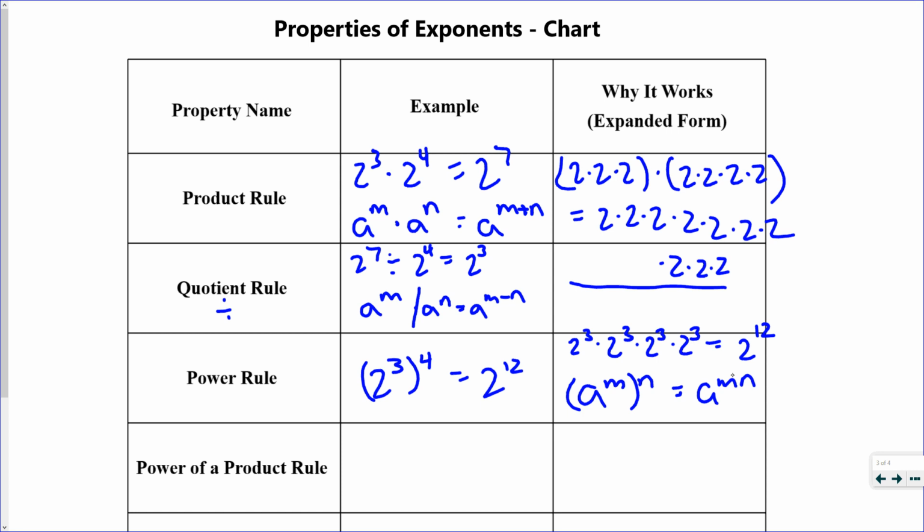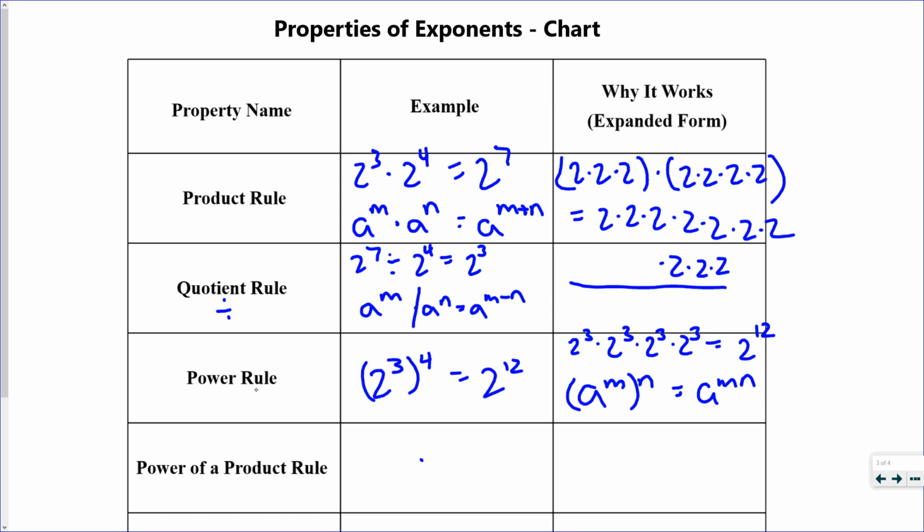Why is it that in this problem we multiply the exponents together, where in the original product rule we add the exponents together? Visually, what is the difference? Notice for the product rule, I have 2 separate bases with 2 separate exponents and a forced multiply in between. So 2 to the third times 2 to the fourth.